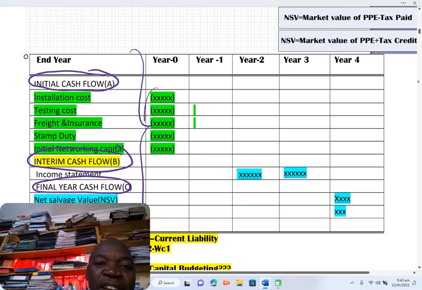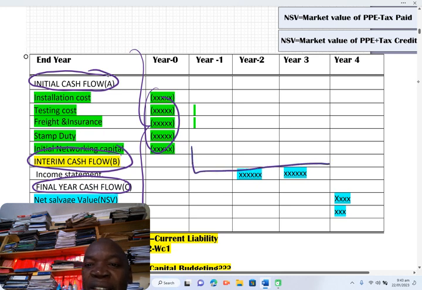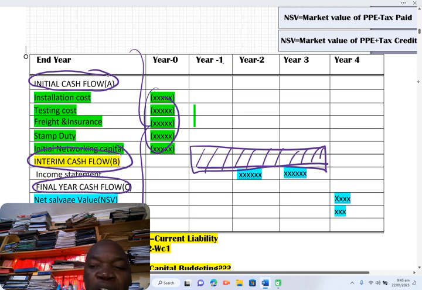Initial cash flow is here, the interim cash flow arises in the middle of the project, and final cash flow arises at the end. I recommend that if the tax is paid in arrears, then we always have an additional flow here for settlement of tax.